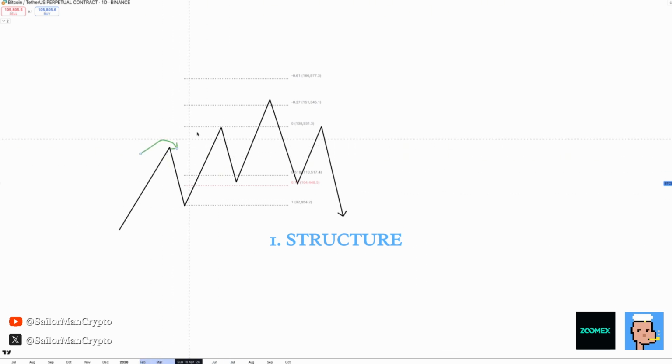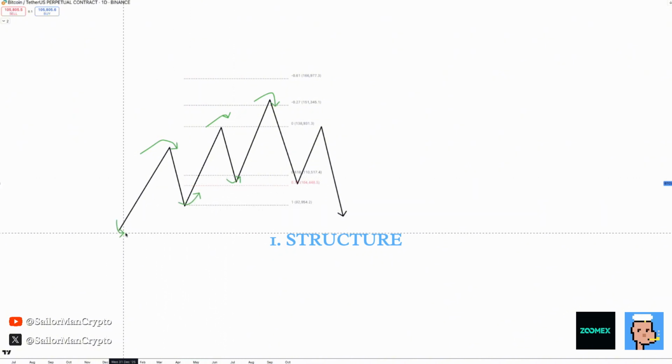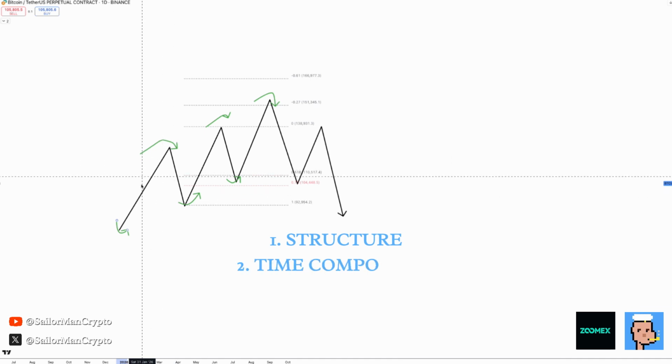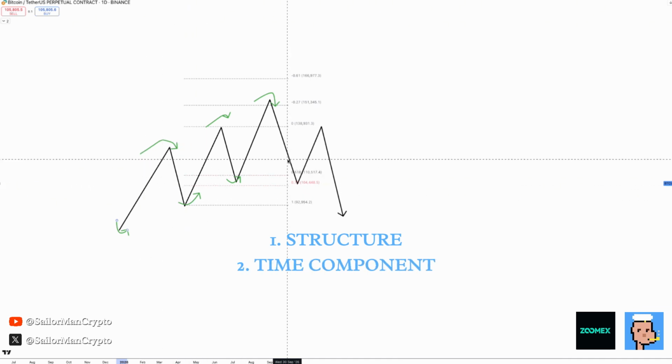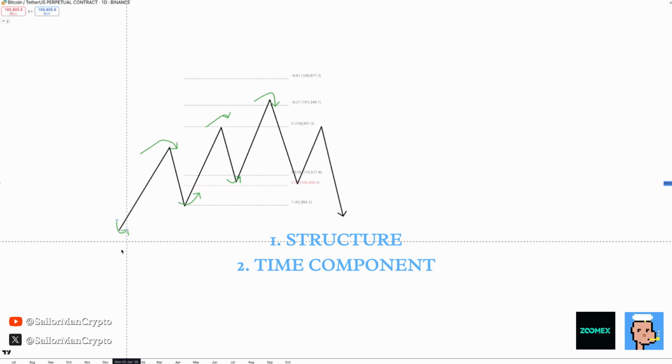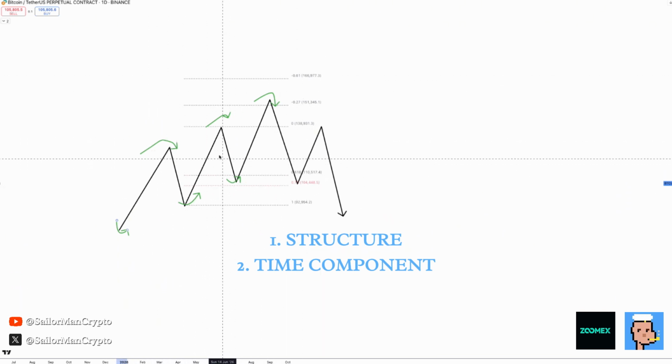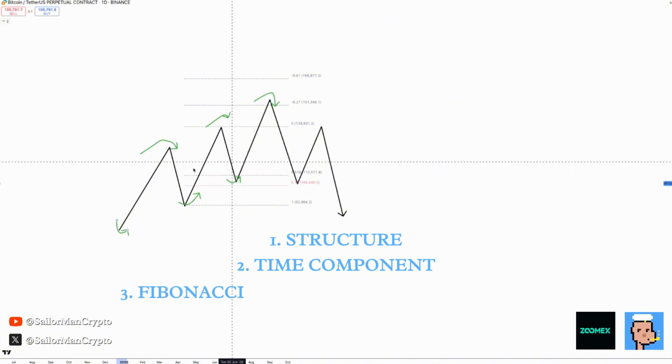There should be three higher highs with three higher lows. The time component is important, so the time spent for each drive should be, the textbook says, exactly the same. I would say very similar, or not too much different. And the third component is that the moves on the three drives should more or less respect this Fibonacci retracement.